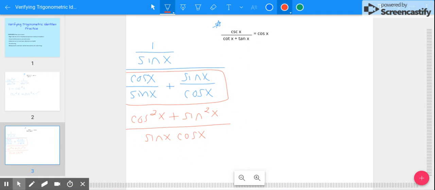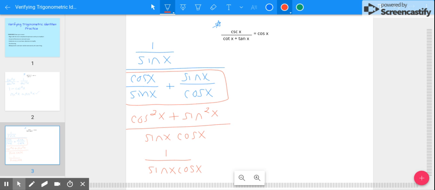So now that still looks a little bit messy, but in the numerator, cosine squared x plus sine squared x, that's our Pythagorean identity, so that all goes to a 1. So now just the denominator of the original expression is a 1 over sine x cosine x.